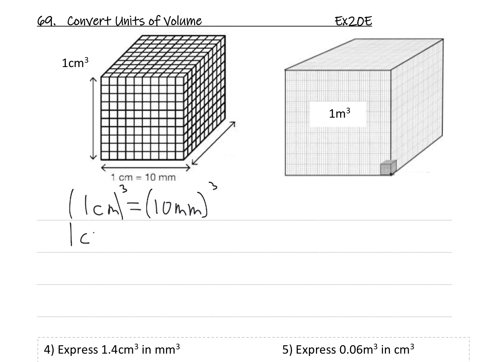So 1 centimeter cubed, 1 cubed is 1, a centimeter cubed will be centimeters cubed. 10 cubed, that will be 10 times 10 times 10, and then millimeters cubed. So 1 centimeter cubed is 1,000 millimeters cubed.